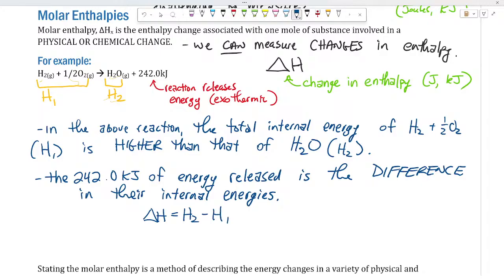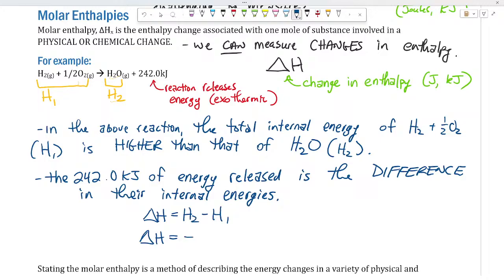The final minus the initial. But when we do that, which one of these has to be the lower number, H2 or H1? H2. We know that's the lower number, right? Which means that when we do that math, the difference is going to be 242.0. But if H2 is the smaller number, when we do a smaller number minus a bigger number, what do we end up with? A negative number.